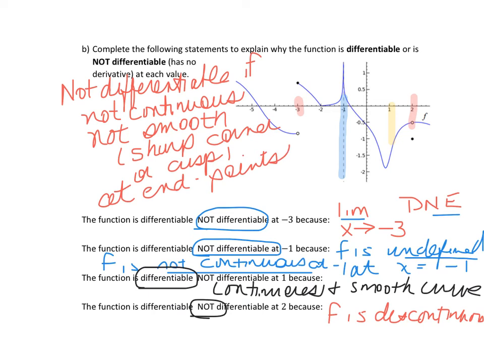Now in this case we don't know for sure if the function has an endpoint, but if we had a closed circle at the end of this piece or at the end of this piece, whatever the values are at the end of its domain, you can't draw a unique tangent line at that point, therefore it is also not differentiable at endpoints.